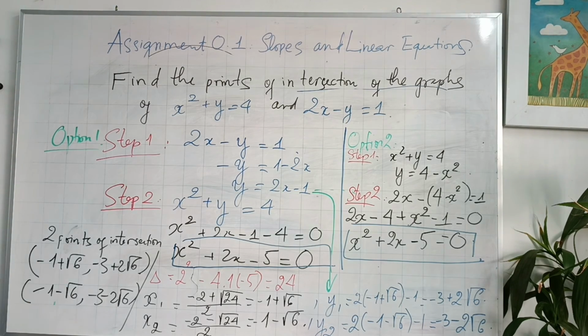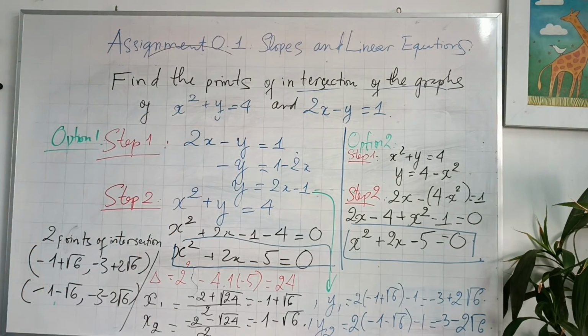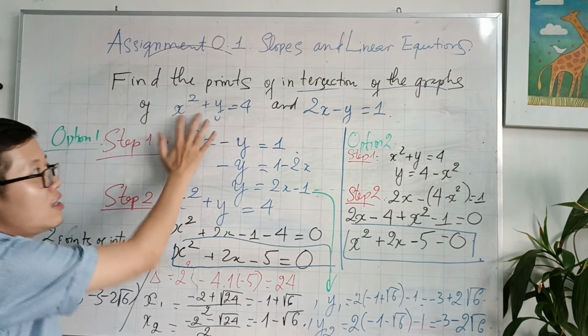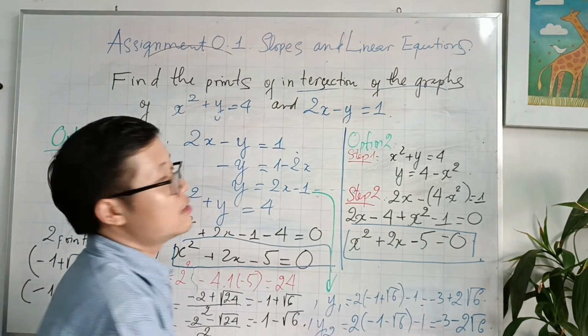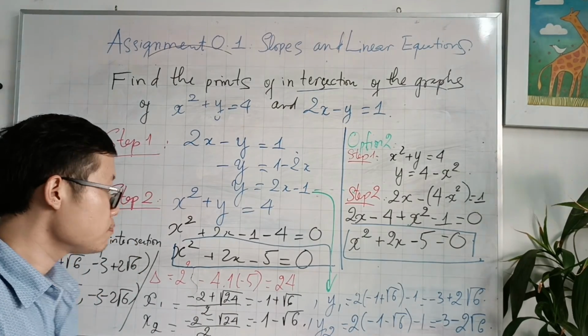In the last questions, we reviewed the formula of quadratic equations, the solutions of quadratic equations by using delta and the formula of solutions. And we see that the first equation is a parabola, and the second equation is a linear equation.